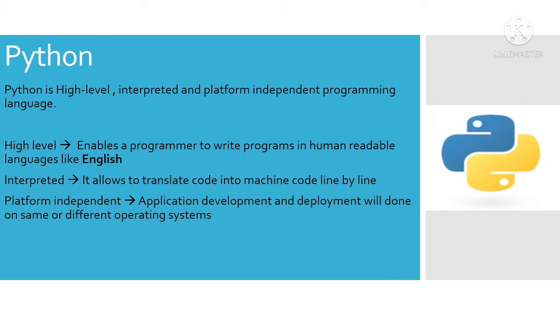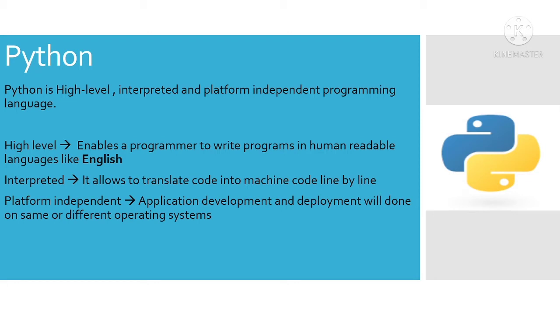Python uses the interpreter to translate the code into machine code line by line. There are two types of translators in high level programming languages, which are interpreter and compiler. Python uses the interpreter.